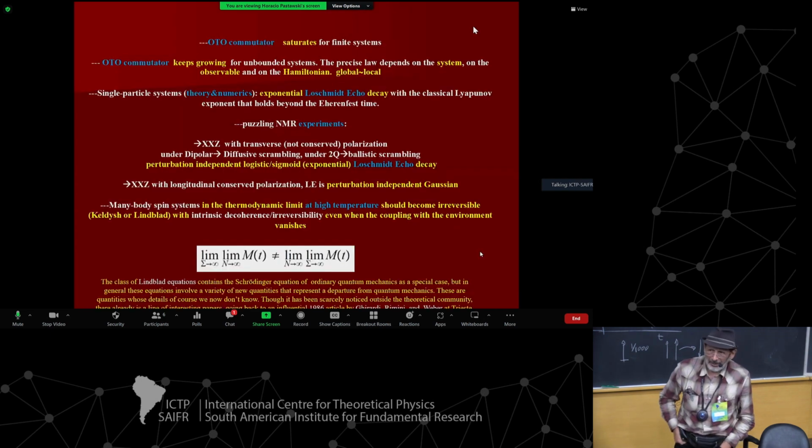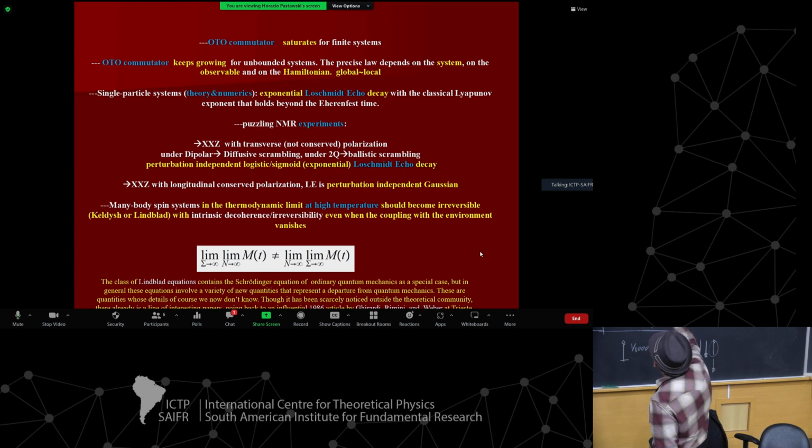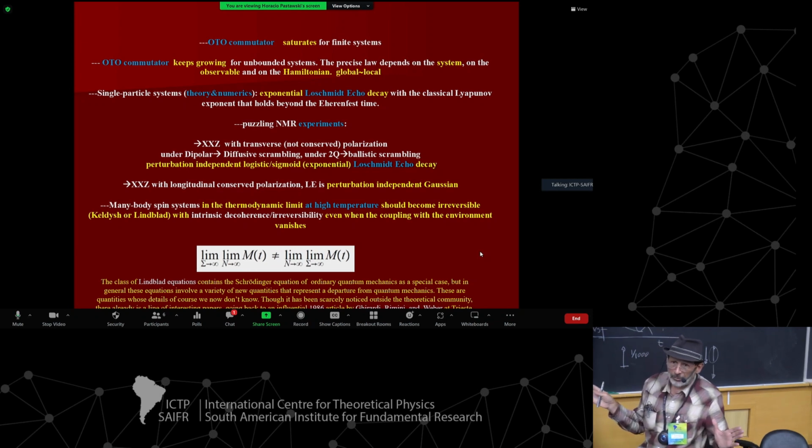So until now, people think that dealing with irreversibility sounds quite strong, and they want to get into polemics. But essentially, what I'm saying is that in a finite system, the out-of-time-order commutator saturates. That's what I say. The OTOCs, and again, there are many different OTOCs, depend on what operators you put there to commute.